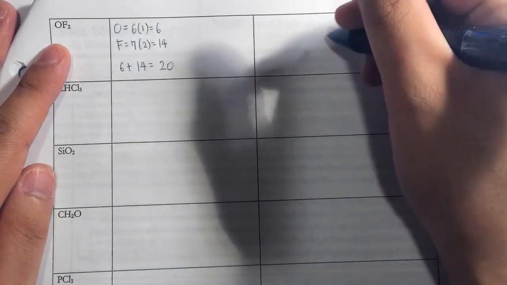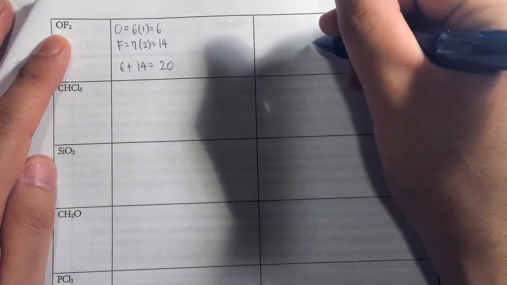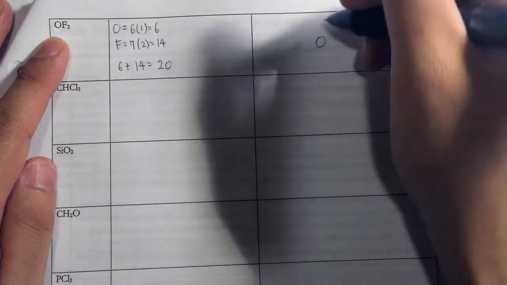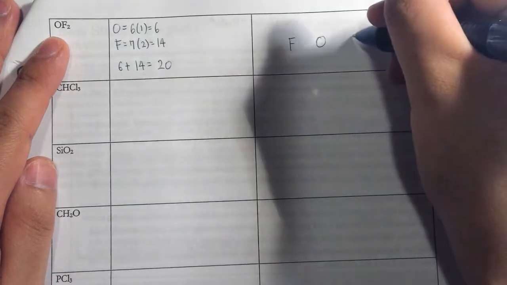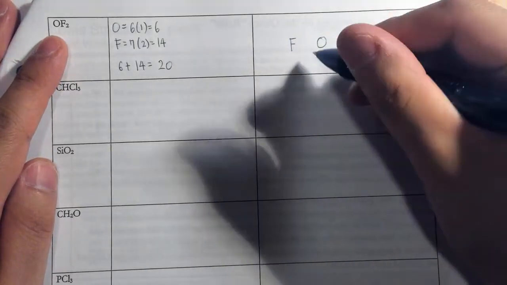Alright, so next we have to use the central atom first in the middle, connecting with 2 fluorines next to each other.